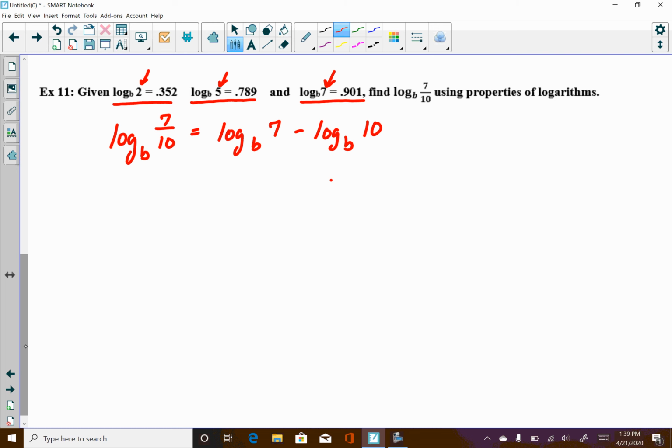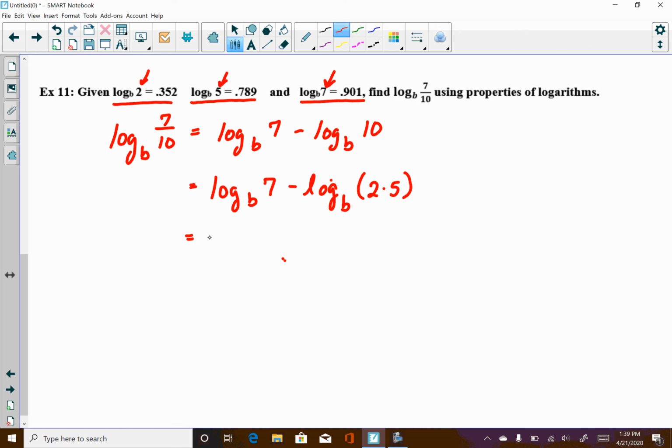Now from there, I have the 7, but I don't have anything for 10. Well, is there a way I could write 10 utilizing these arguments, 2, 5, and 7? Hopefully you would agree that I could write that as log base b of 2 times 5, because 2 times 5 is the same as 10.